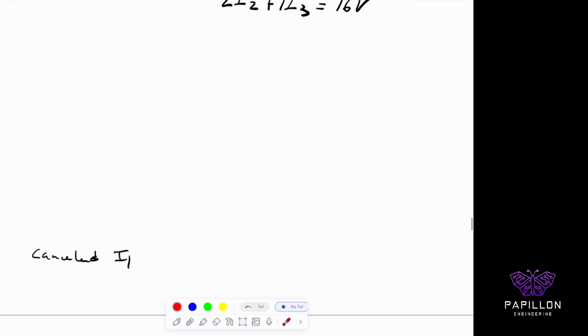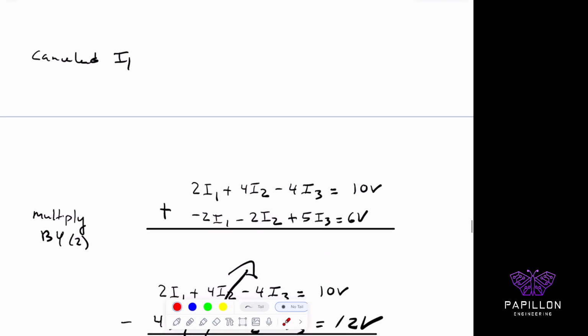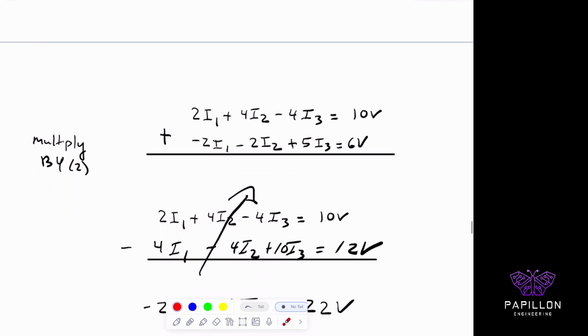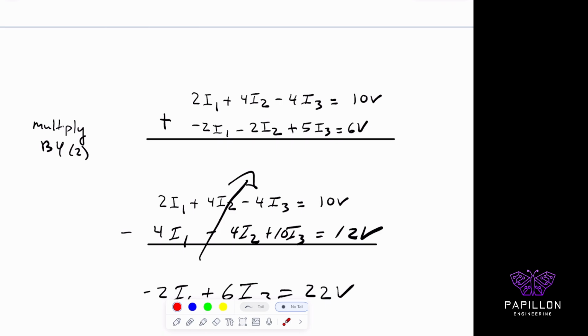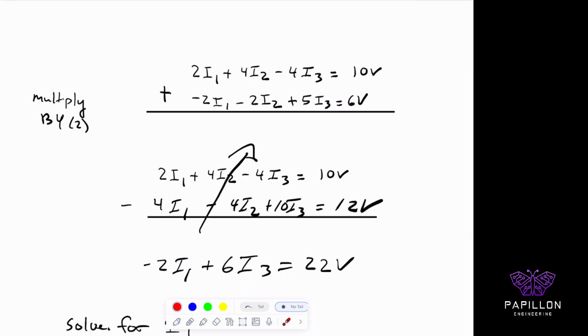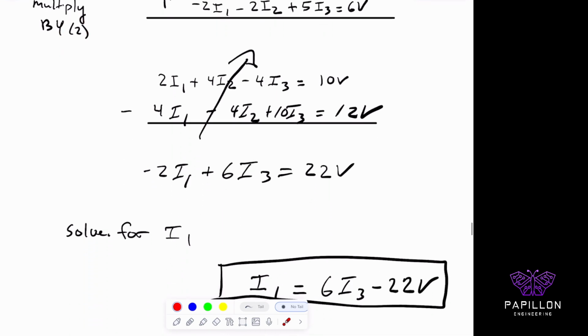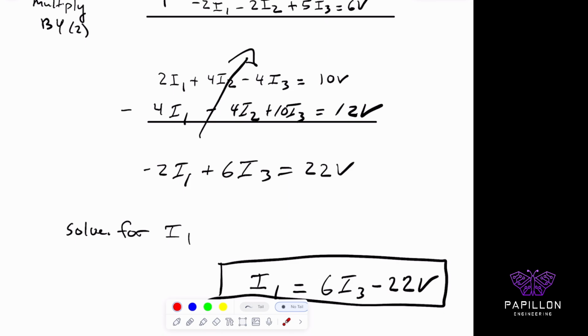Okay, and now we can try other options to see what else I could fool around with. I can certainly multiply one of them by 2. If I did that, then I could presumably simplify it. So I have, for example, an equation that satisfies a minus 2i1 plus this 6i3 equals 22 volts.